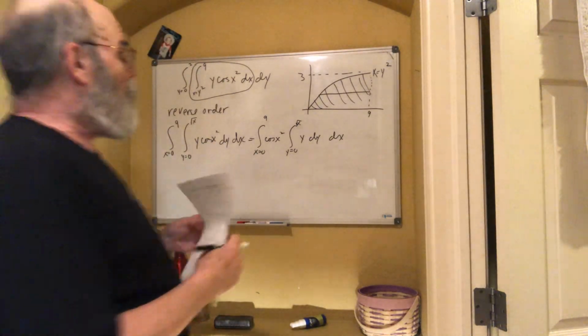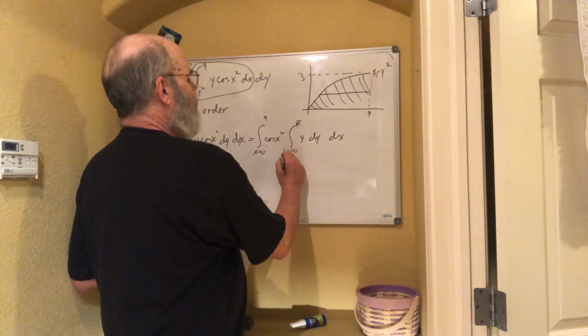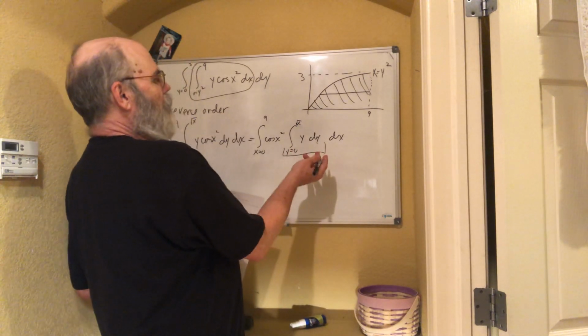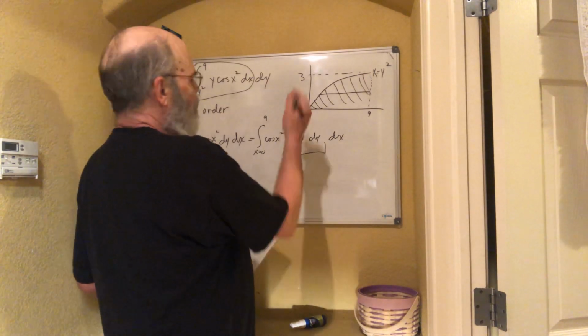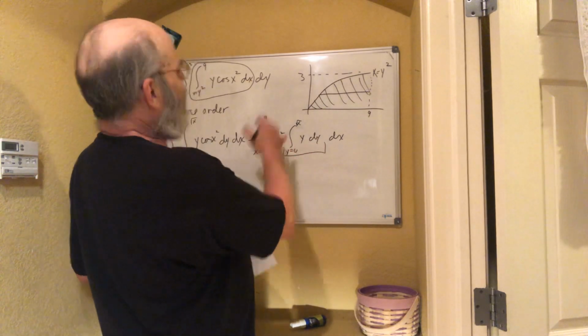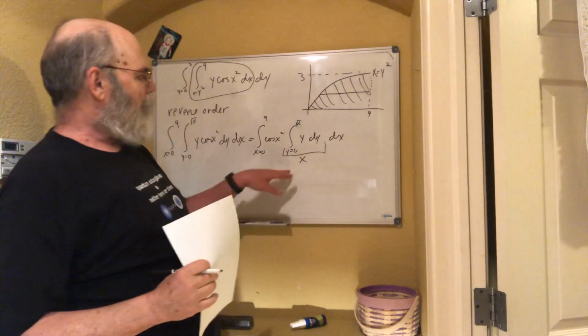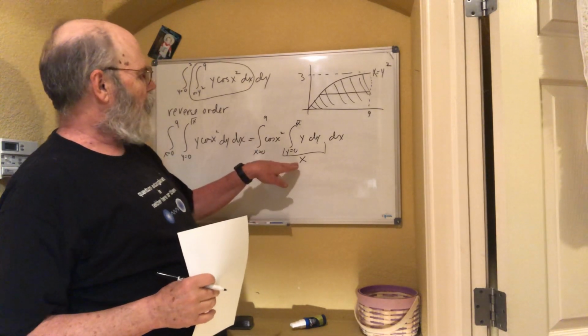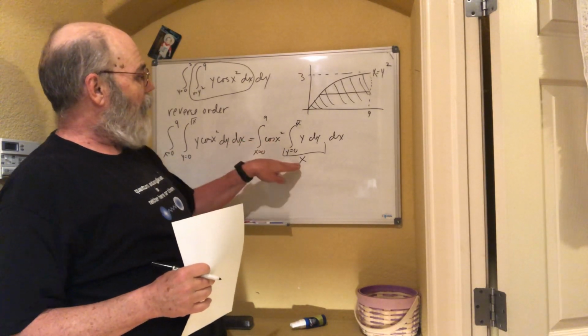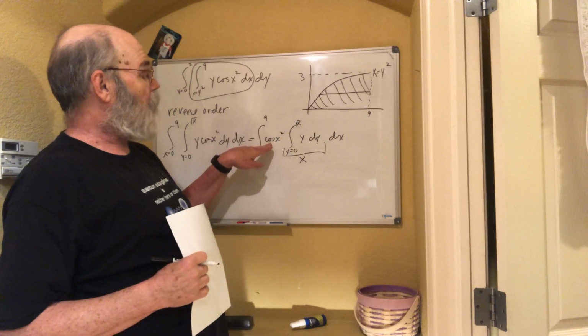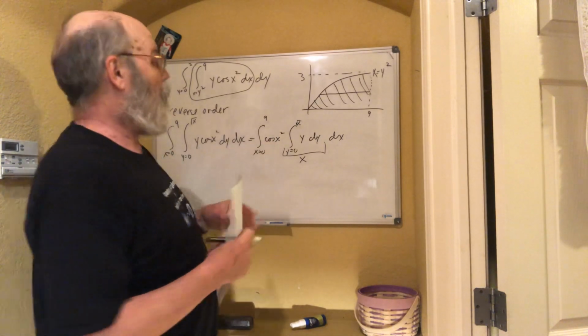Well, now I can do it, because this guy does have an antiderivative now, and in fact it's just x, up to a constant. Now, when I have x times cosine of x squared, I can do the integral, okay?